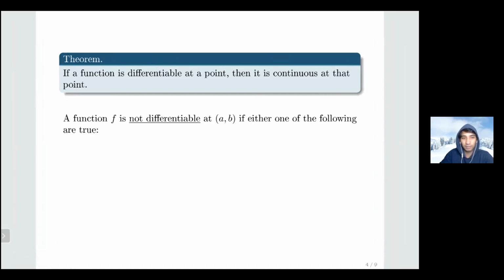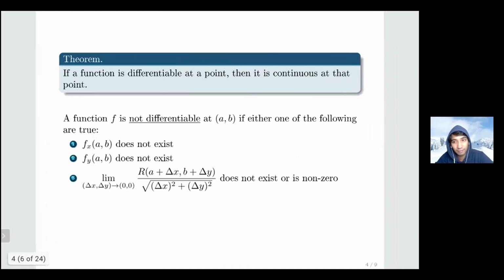Pero gamit tong theorem na to, pwede na nating malaman kung kailan hindi differentiable ang isang function at a point. So, syempre, kapag may hindi na satisfy sa definition, automatic hindi na siya differentiable. So, if fx or fy evaluated at AB, if either of those hindi nag-exist, hindi na agad differentiable. Or kapag yung limit na nakita natin kanina hindi nag-exist, or hindi siya 0, automatic hindi na siya differentiable. But because of this theorem, meron tayong fourth condition.